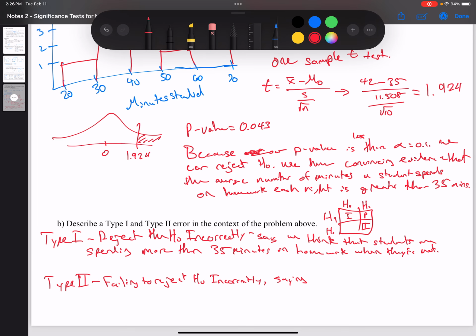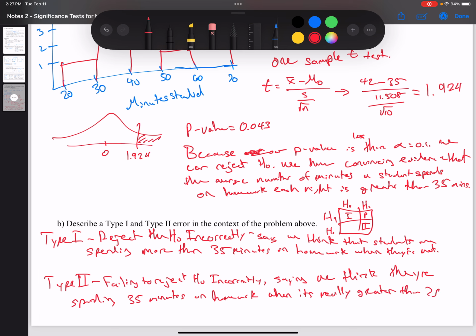So saying we think they're spending 35 minutes on homework when it's really greater than 35. All right, so there we go.